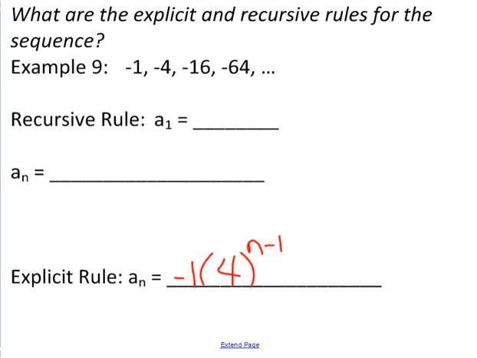Okay, so my first term is negative 1. Now, to get my recursive rule, what am I doing to the prior term? What am I doing to a sub n minus 1 to get the next term? Well, I'm multiplying by 4.